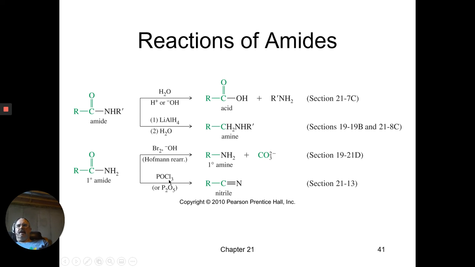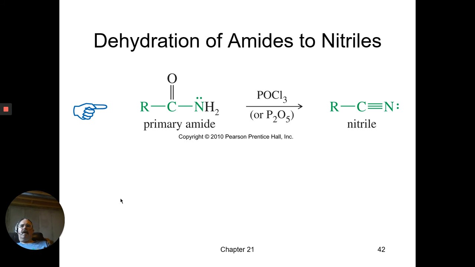Using a dehydrating agent such as phosphorus oxychloride or diphosphorus pentoxide, we can make a nitrile from a primary amide. This is dehydration because if you look at the difference before and after, we've eliminated water.